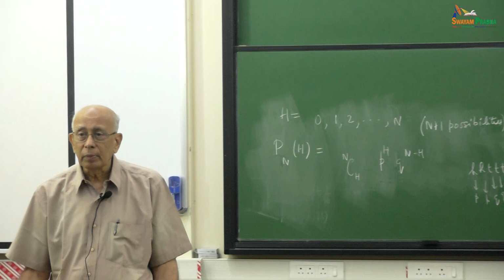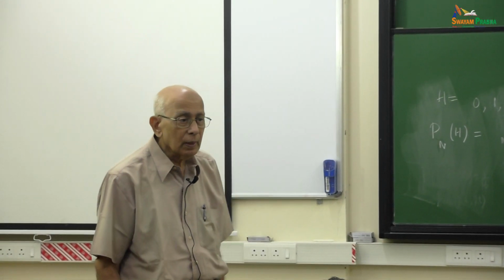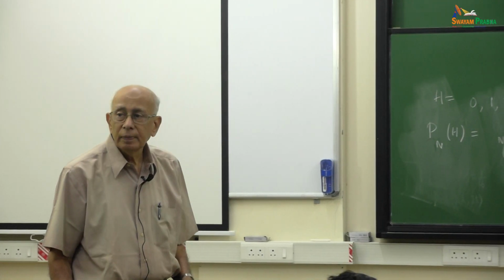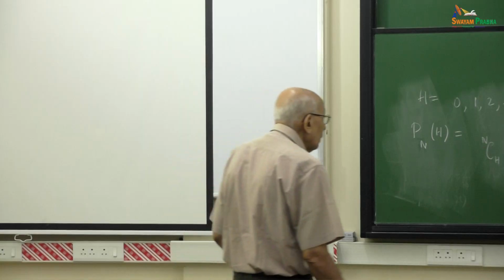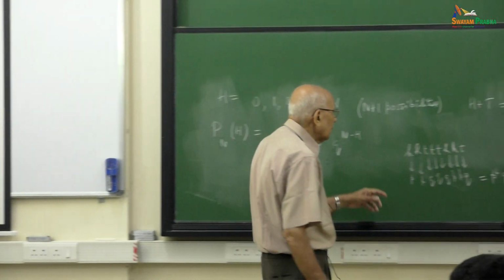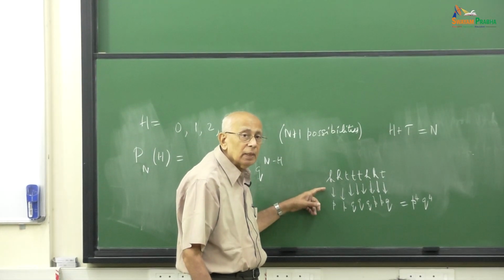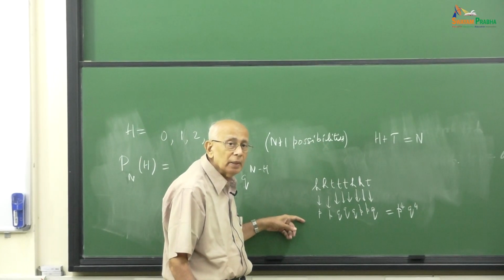That's the total probability. Is it completely clear? So in this example, if I ask for the probability that you have 4 heads and 4 tails, this is one possibility. But there are many such possibilities and any one of them would do. So there's an OR rule appearing here.